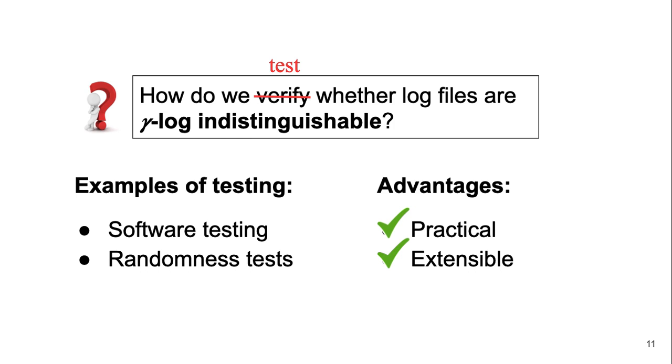We can still test whether the log files are gamma log indistinguishable and identify potential violations of the property. In fact, similar approaches have been used in other areas, such as software testing and randomness tests. For example, it is challenging to prove that a complicated system is bug-free, but by performing unit tests and integration tests, we can identify bugs and reduce the chance that the system fails in practice.